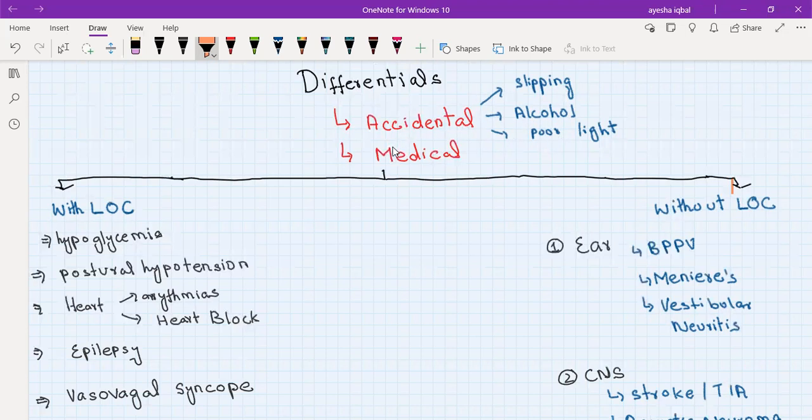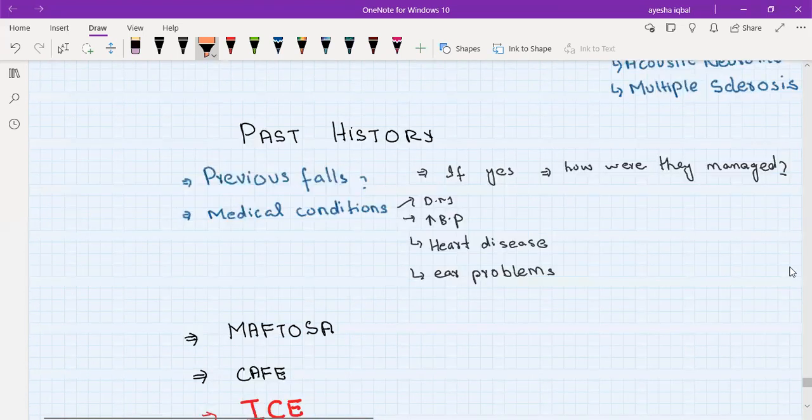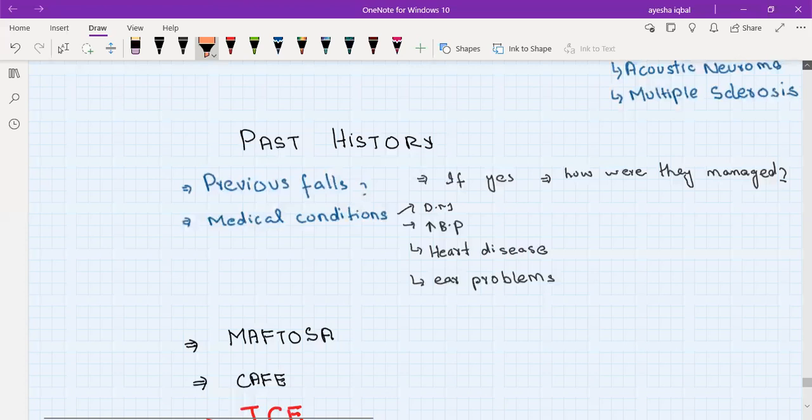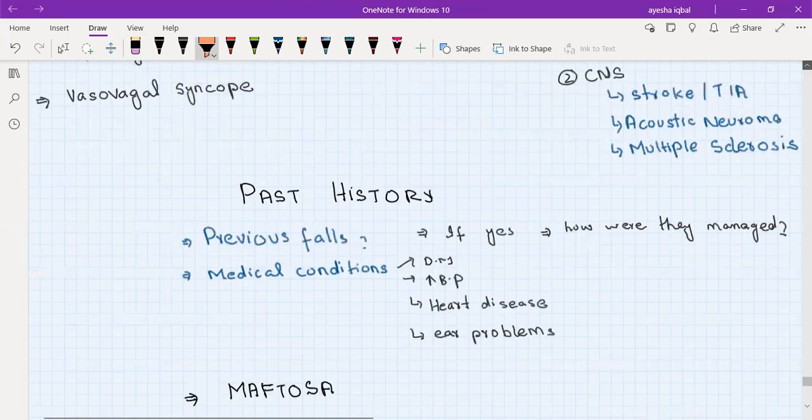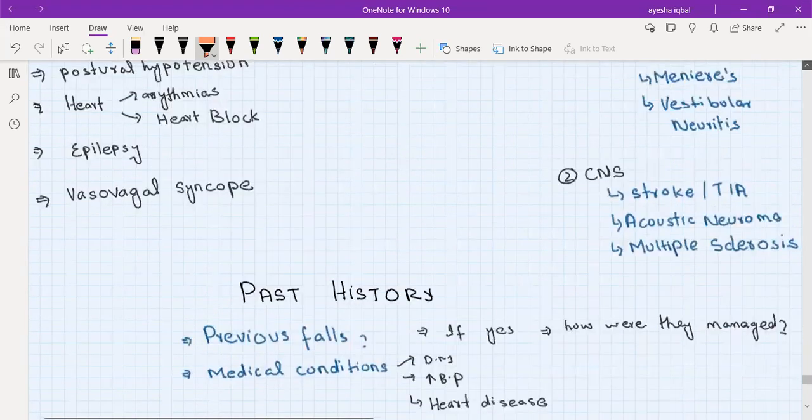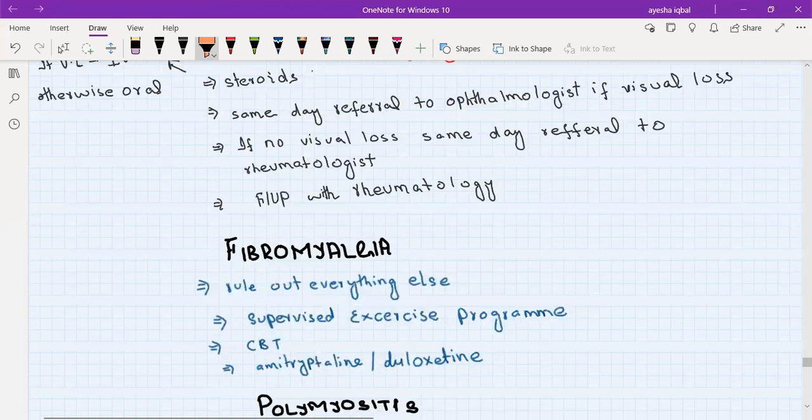And the next thing is medical. So first of all, you will rule out the accidental causes. You will ask about the lighting at the time, or whether there was any loose carpet, sorry, wet floor, etc. And did you take alcohol before the fall? So these are the accidental causes.